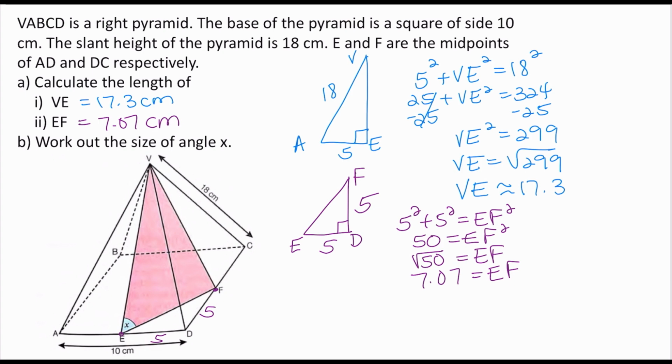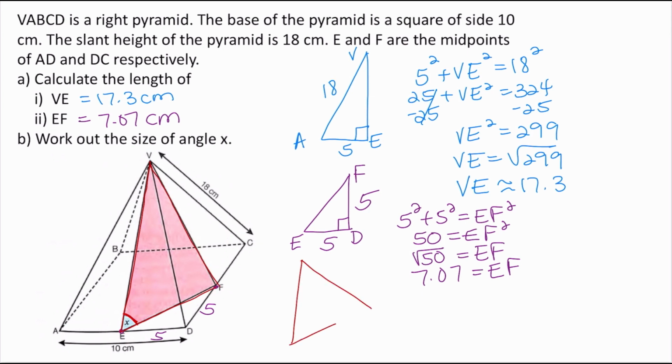Now, our job is to figure out the size of angle X. Angle X, as you can see in the diagram, is this angle right here. And they have given us this triangle, which they have shaded in red. How am I going to be able to find X?